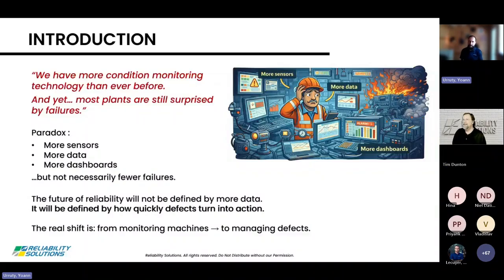Or it seems like every week there's a new company that pops out with a sensor. So what we see is that there are more sensors, more data, more dashboards, but not necessarily fewer failures, right? So there's definitely a paradox or contradiction here.